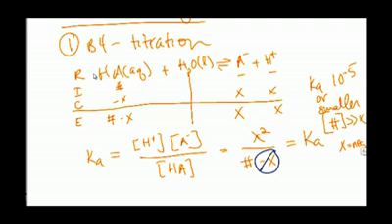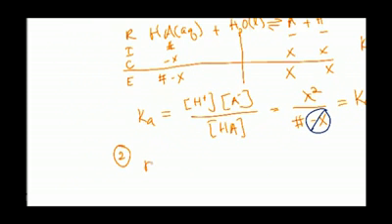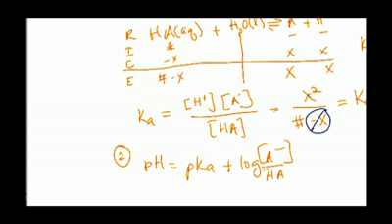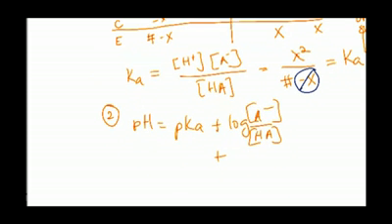During the titration, however, you're going to use the Henderson-Hasselbalch equation, which is pH equals pKa plus log of A minus over HA. Now, because these two are molarities and it's moles over volume, and the volumes will be the same, this could also be plus log of moles of A minus over moles of HA.